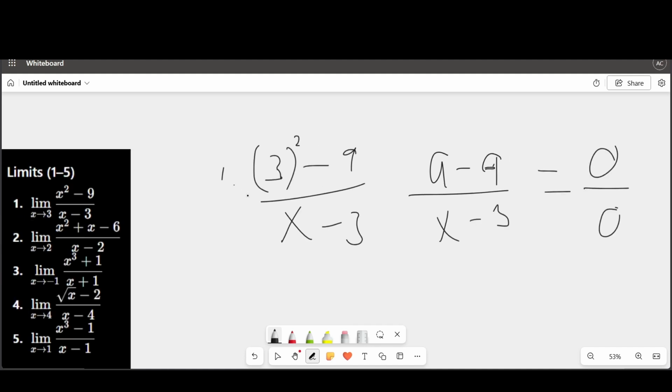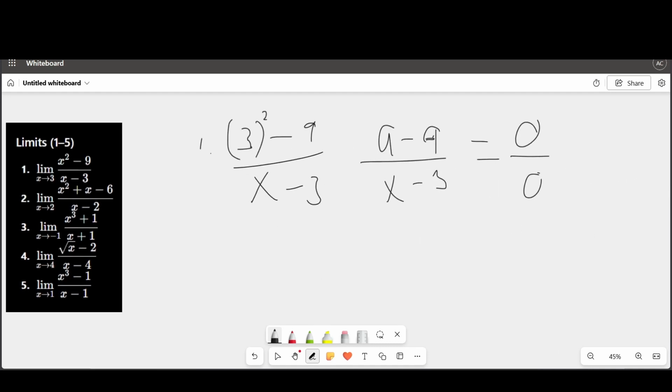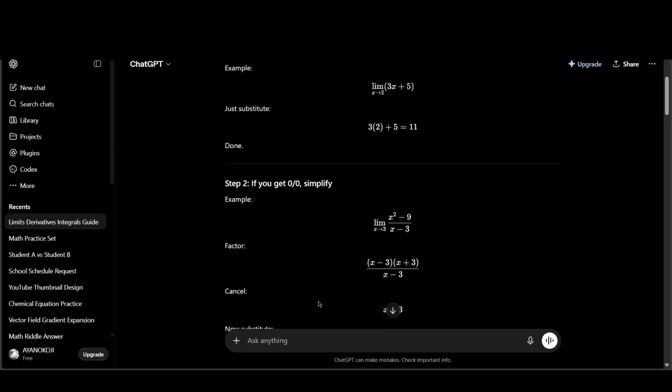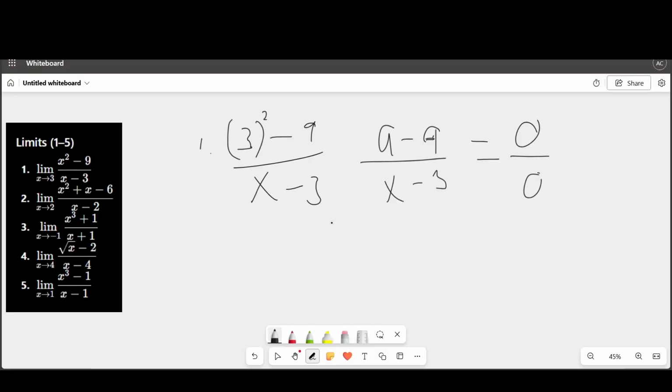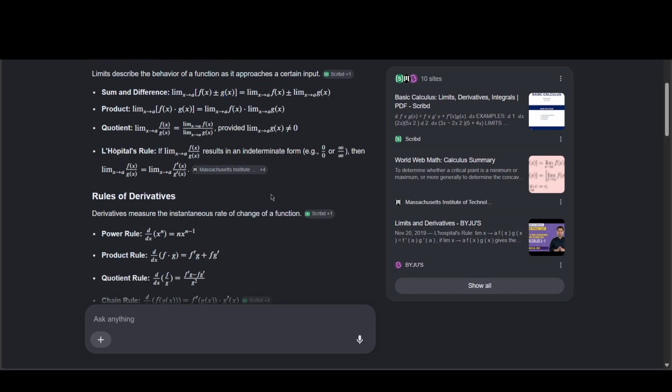So we're going to have to factor. We're going to have to factor x squared minus 9.